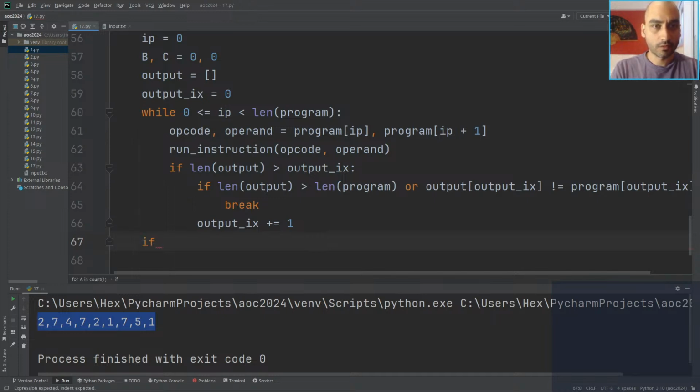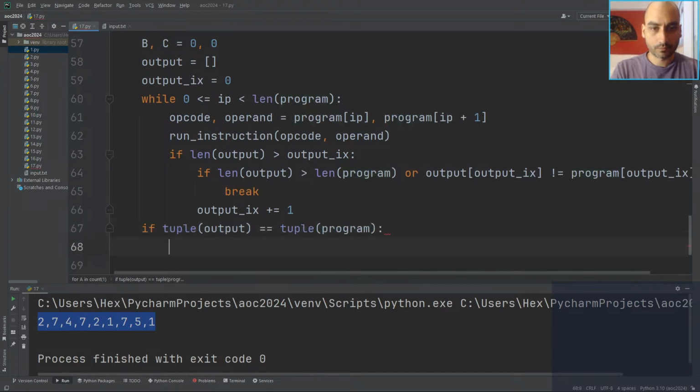If tuple output is the same as tuple program, what did they want? The A value, okay.